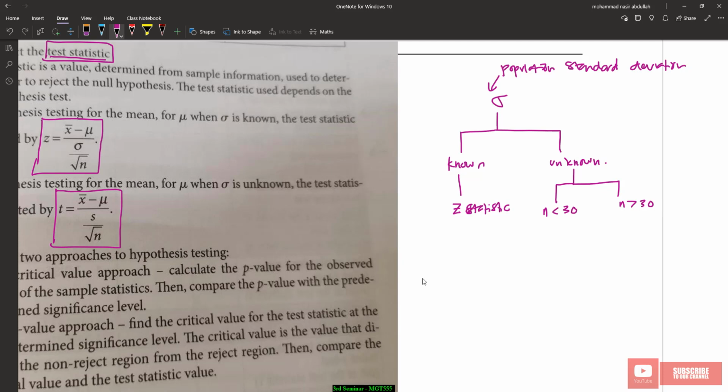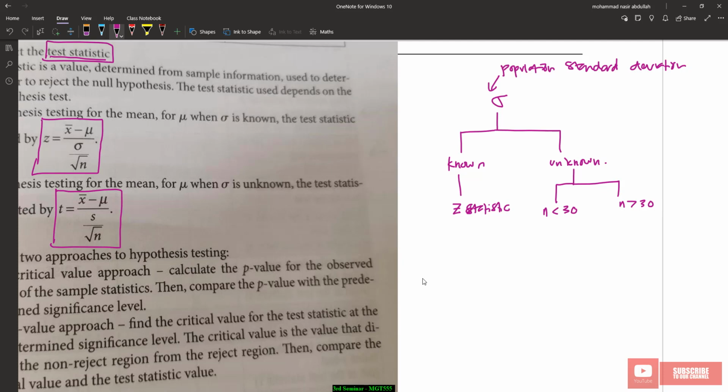Sometimes in the book we say more than 100, more than 500, more than 1000 to be considered as a central limit theorem. Central limit theorem means that we want to assume that the data is normally distributed. And of course, both the T distribution and the Z distribution should be considered from a normal distribution.